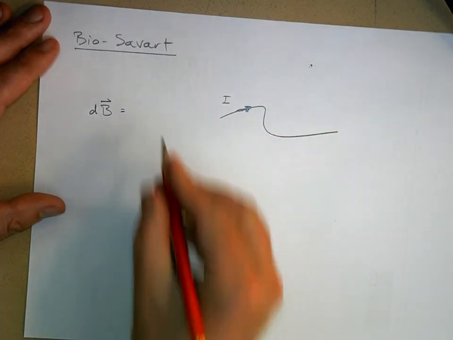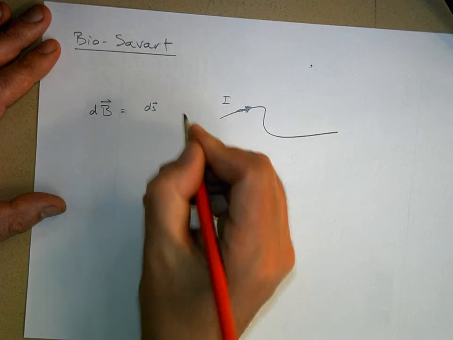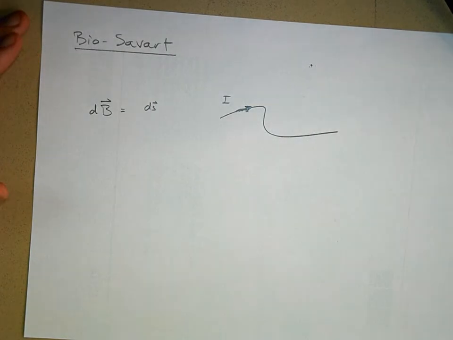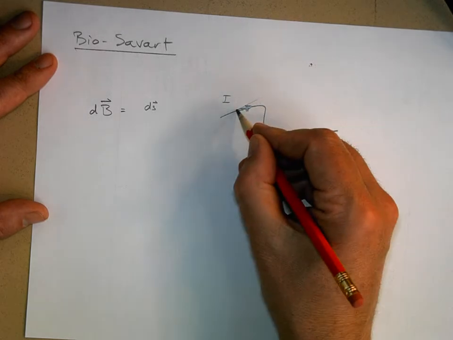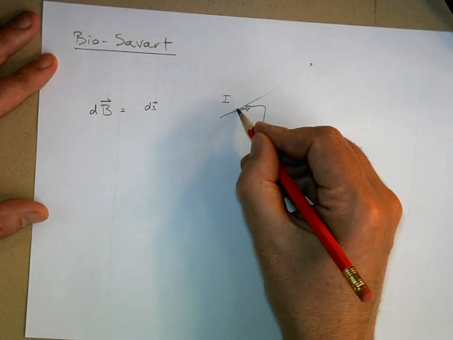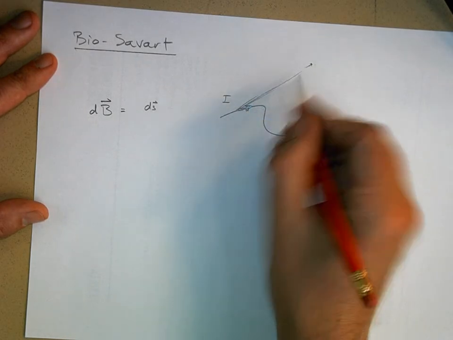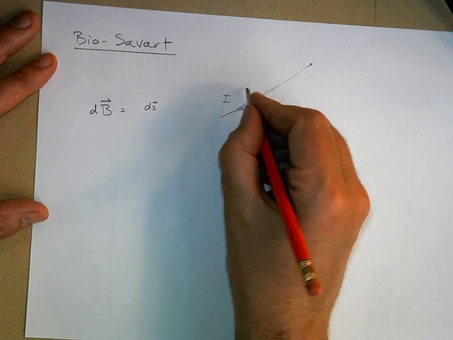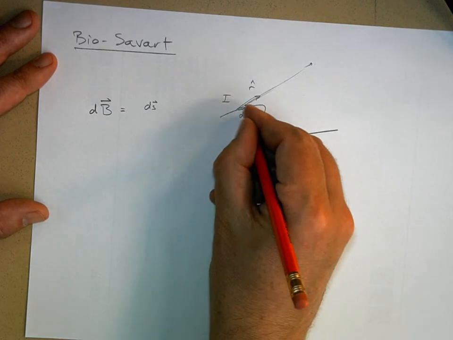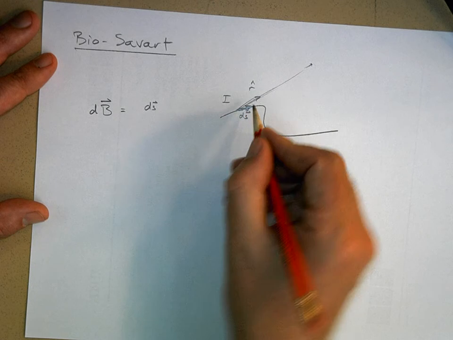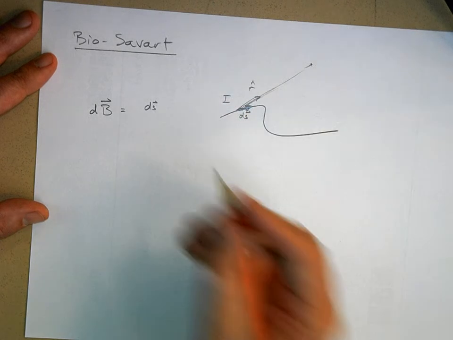So that's ds, and we could use dl. The direction of this depends on the direction that we point to from the wire, and we call that direction r hat. This is a little tiny ds, this is r hat, and so you go ds cross r hat.